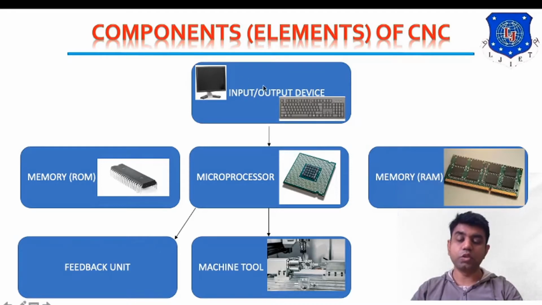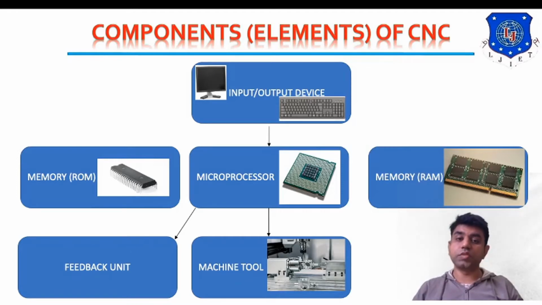So we have these two input and output devices, and this makes a particular NC machine into the CNC category, because in the NC machine the biggest drawback was that the program was written on a particular tape and we cannot see what is actually written in that tape. We cannot even modify that tape once it has been developed, right?